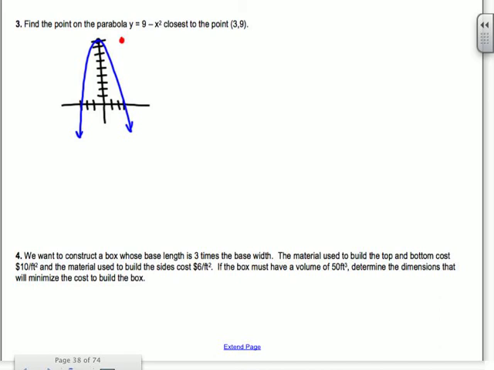A lot of you, when you see this, think the closest point on the parabola is going to be (0, 9). How many of you think it's (0, 9)? Some of you put up your hands. I can see that it's pretty close to that point. But actually, the closest point to anything is found by going straight, along the normal line.